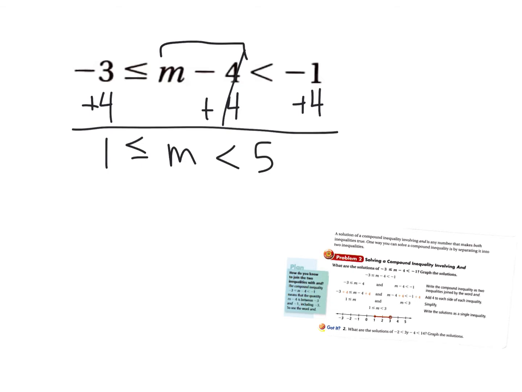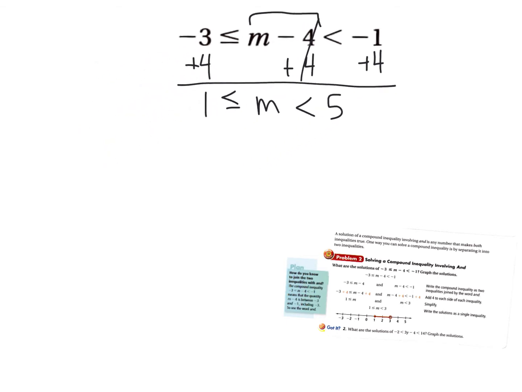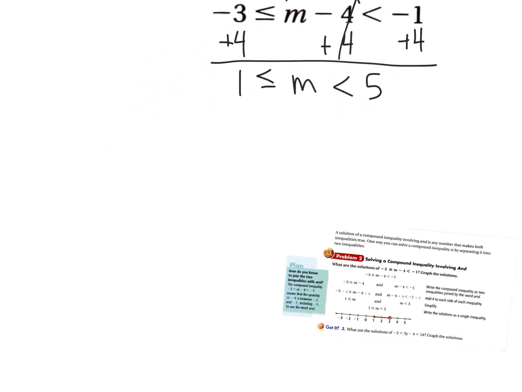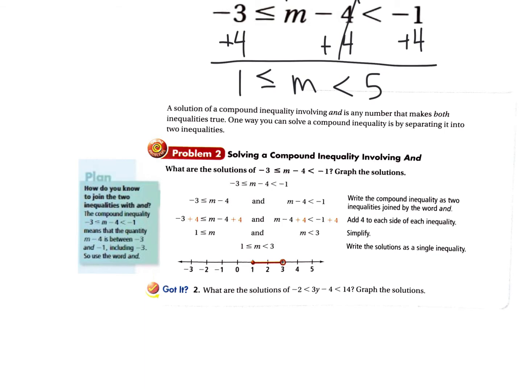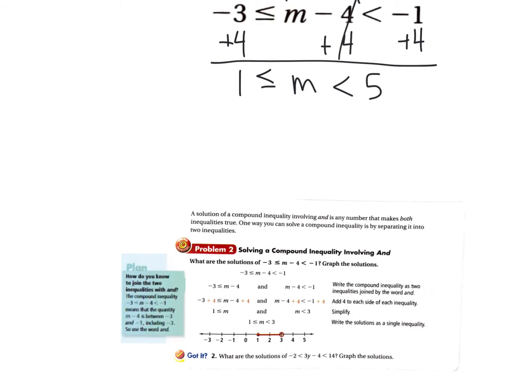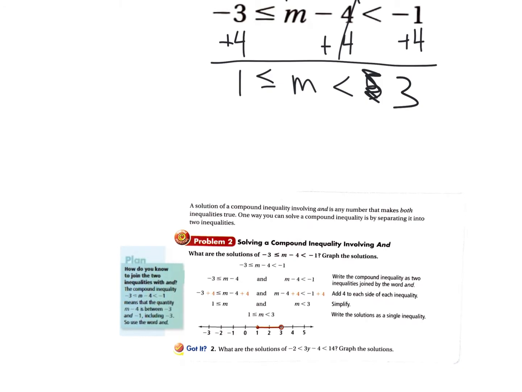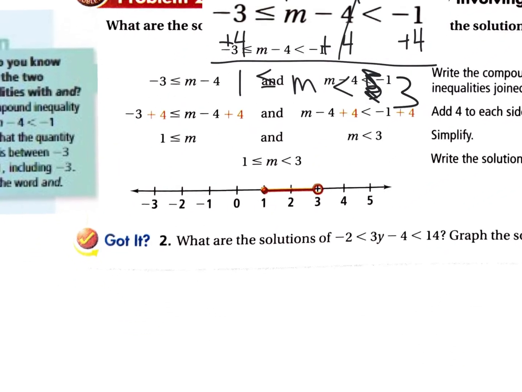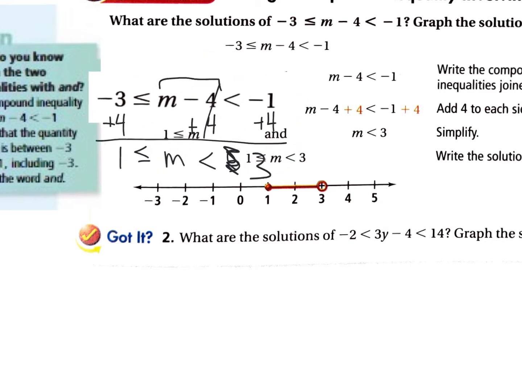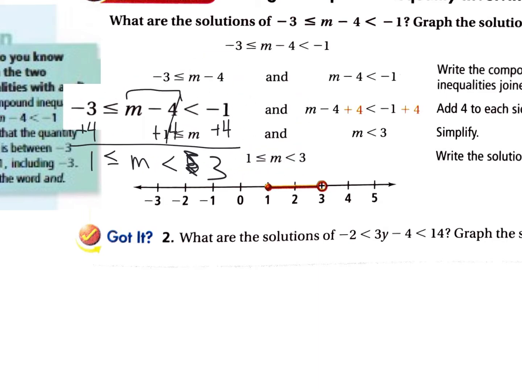And when you do that, essentially you're saying m is kind of in between 1 and 5, but including 5. I'm sorry, I added wrong here. -1 plus 4 is 3. Okay, so it's in between, and you notice that's the same answer the book has here.